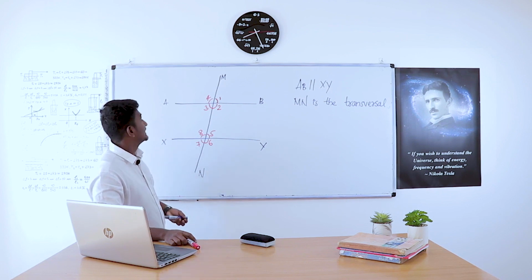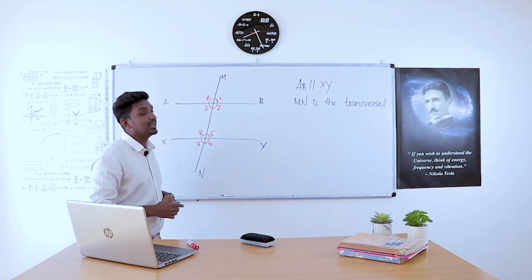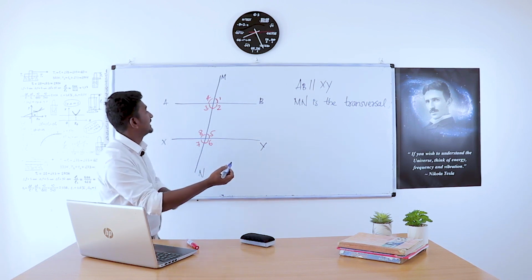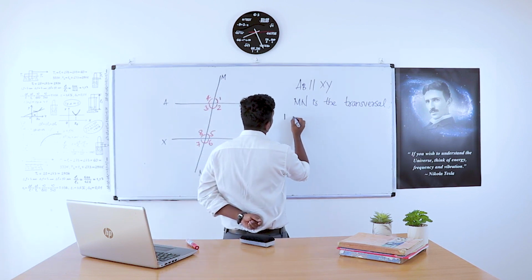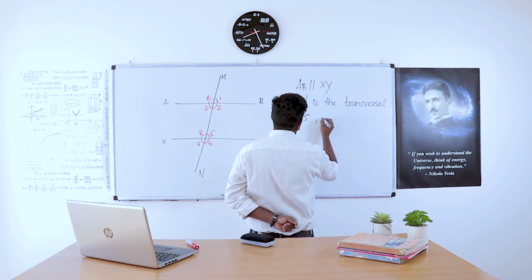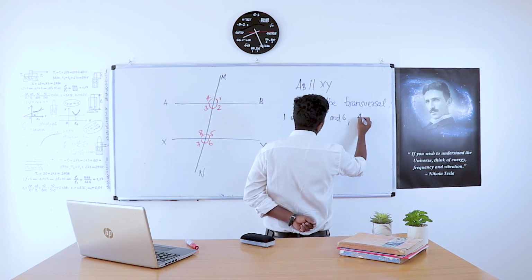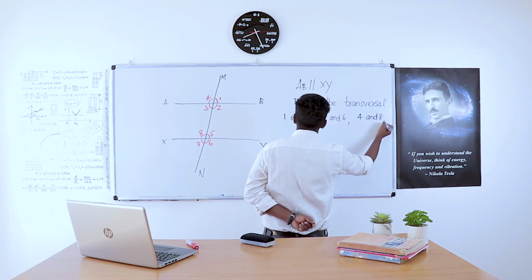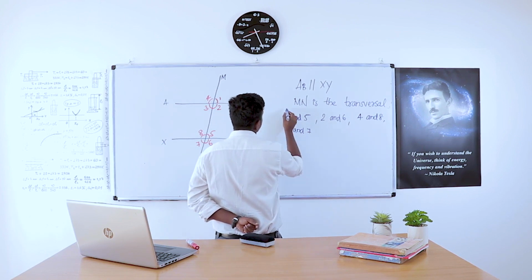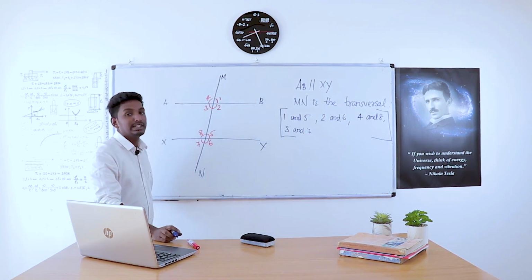Before explaining the features of these angles, we have to mention the type or classification of the angles here. There is some importance for angles 1 and 5, angles 2 and 6, angles 4 and 8, and angles 3 and 7. These pairs have a specific name.